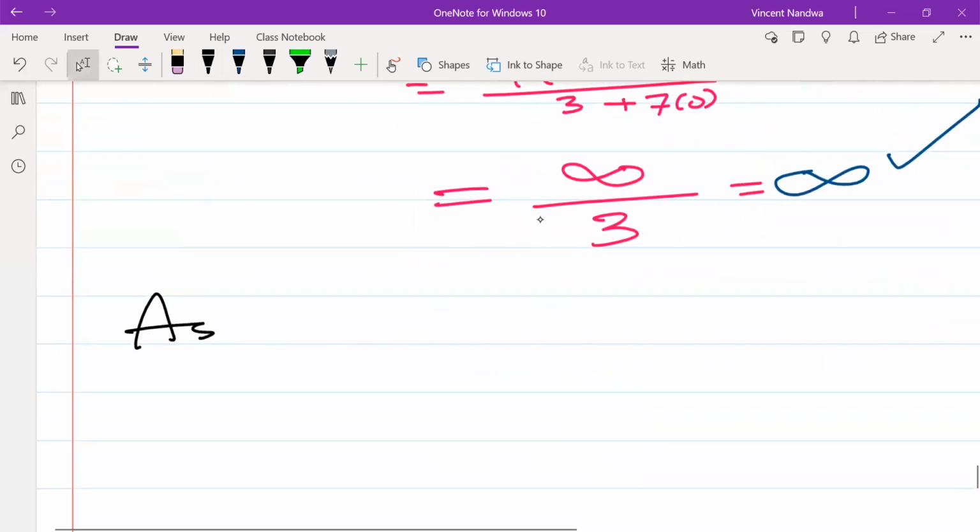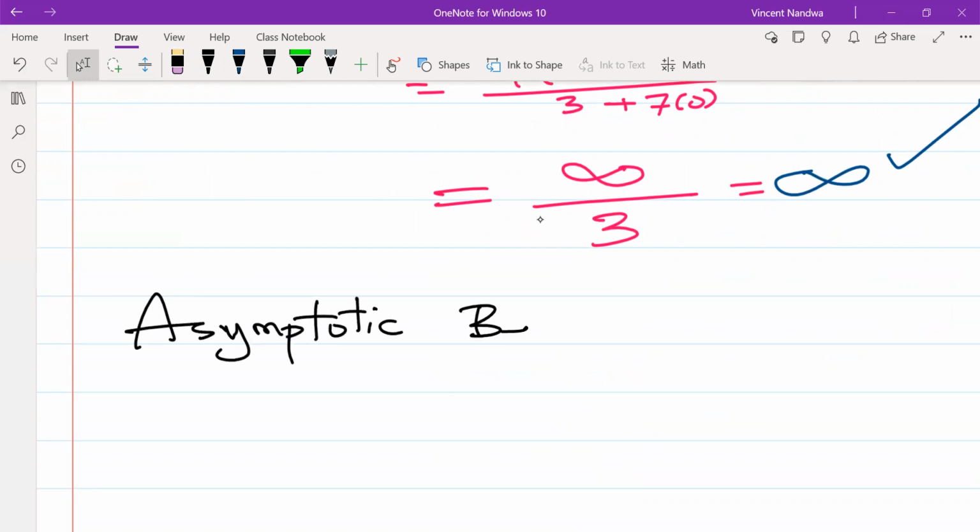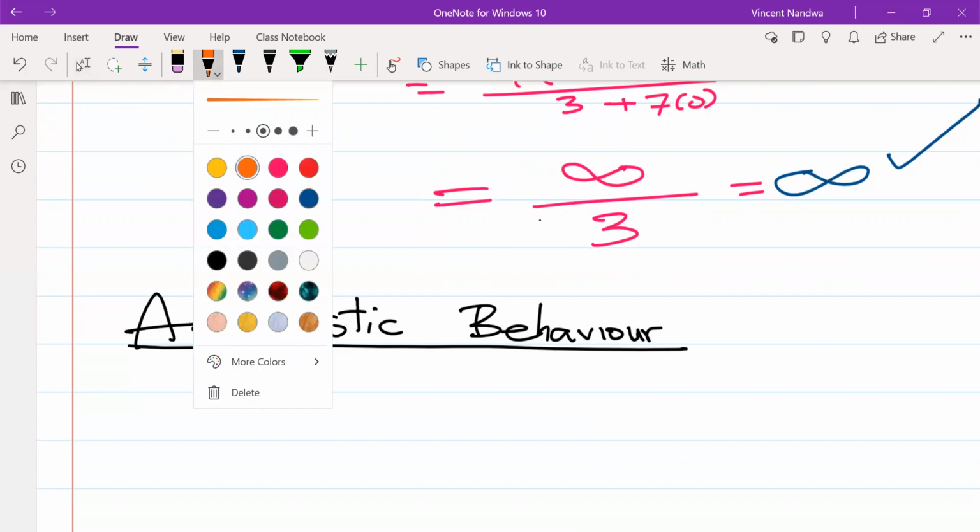So George, we are discussing limits at infinity and negative infinity.